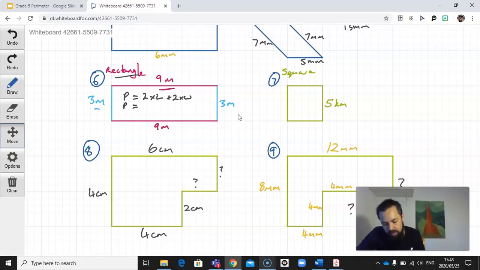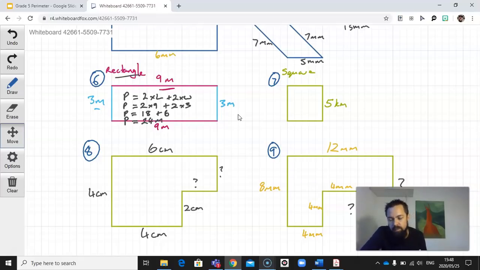So P is 2 times 9 plus 2 times 3. 2 times 9 is 18, plus 6, 2 times 3. And so P is equal to 24 meters.